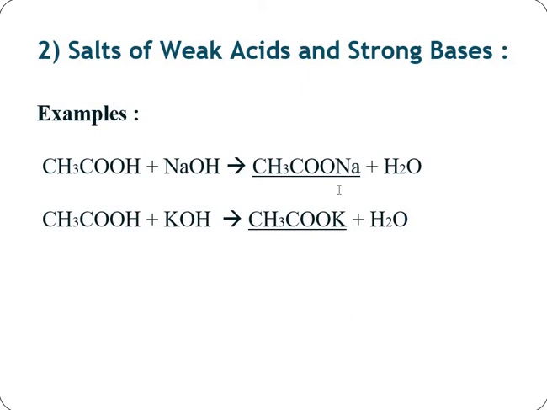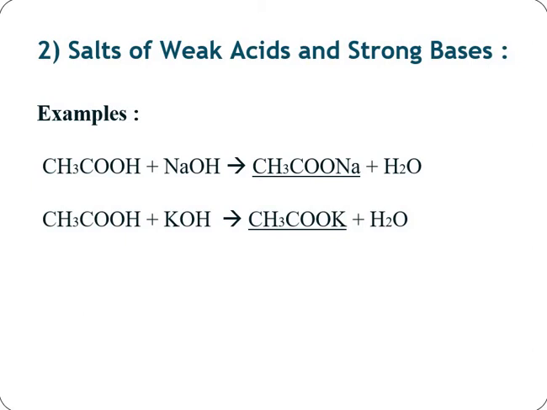So sodium acetate is an example of salt of weak acid and strong base. Similarly, acetic acid reacts with potassium hydroxide. It gives potassium acetate. So potassium acetate is also an example of salt of weak acid and strong base.